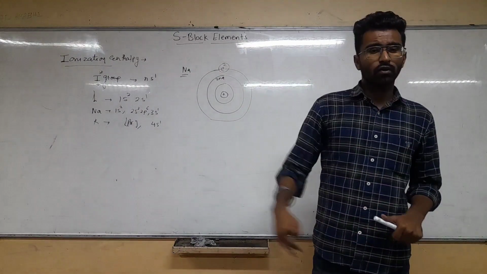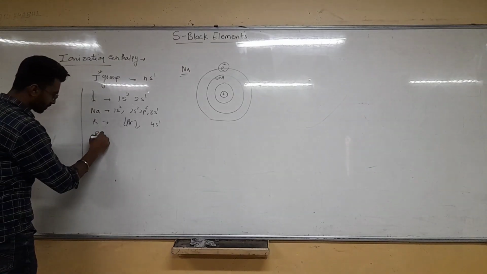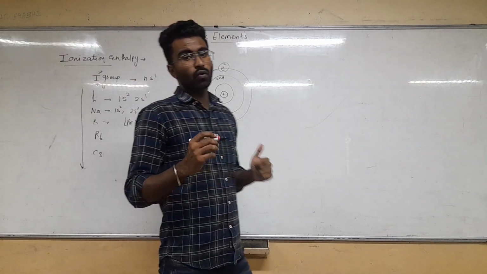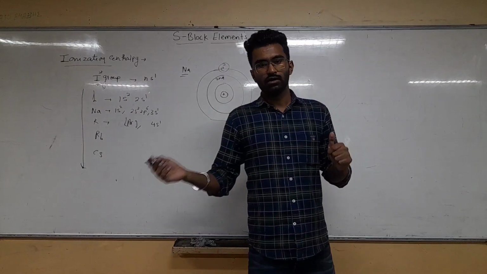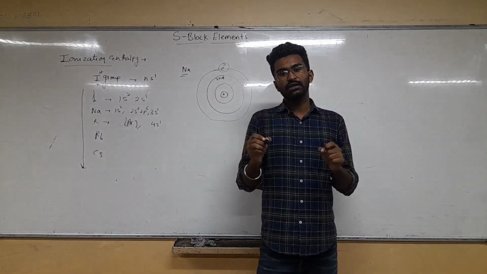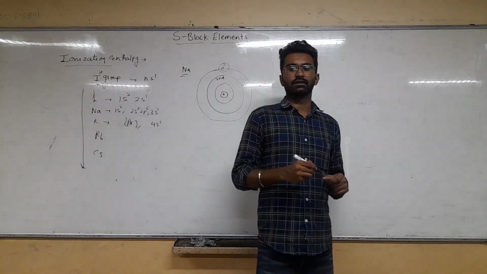As we go down the group, towards rubidium and cesium, the outermost electron is going farther from the nucleus, which means we need less energy to remove the electron from the outermost shell.